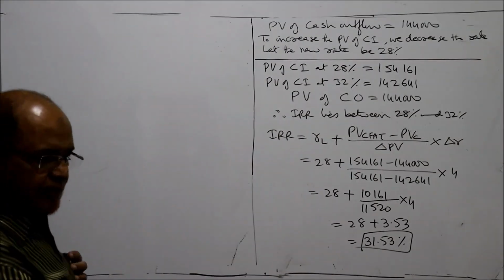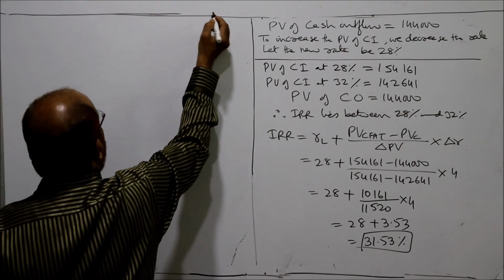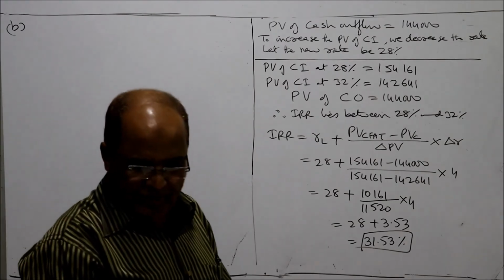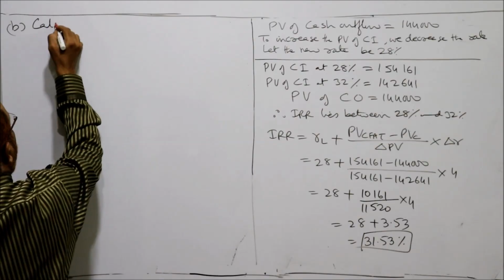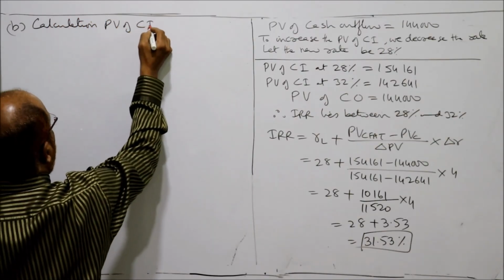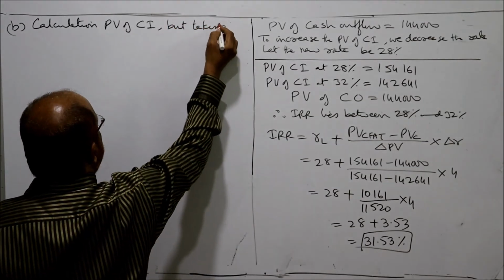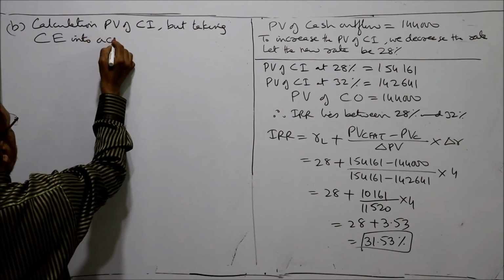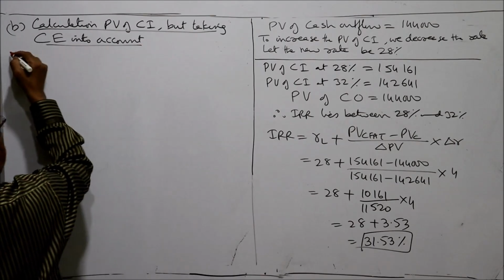Now we have to find out the NPV. Evaluate the proposal if certainty equivalents are applied. Now calculation of PV of cash inflow by taking the certainty equivalent coefficient into account.